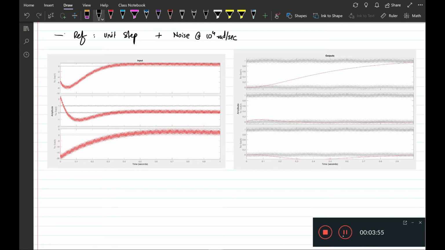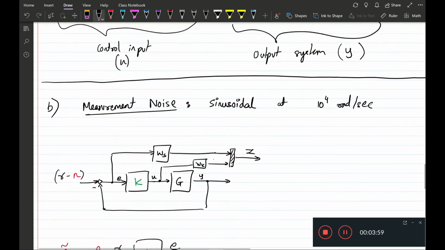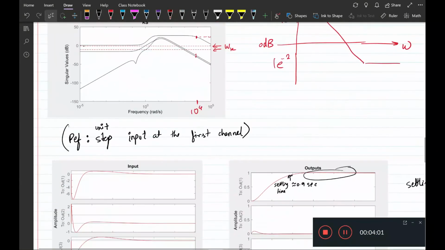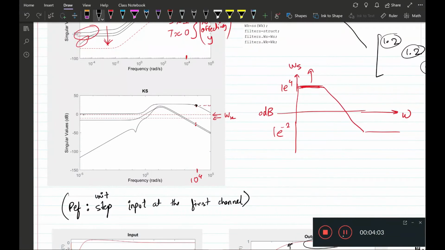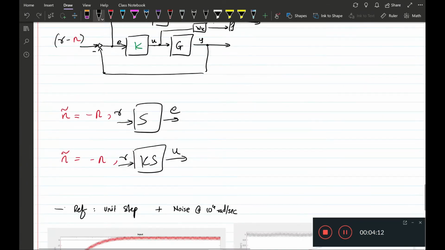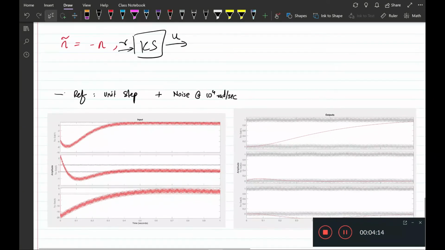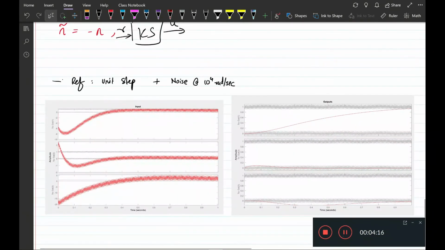This is because we had one particular direction for which the singular value of the transfer function Ks at that frequency was high, which meant that this would lead to oscillations in the control input U.